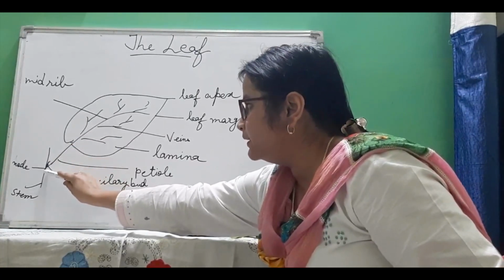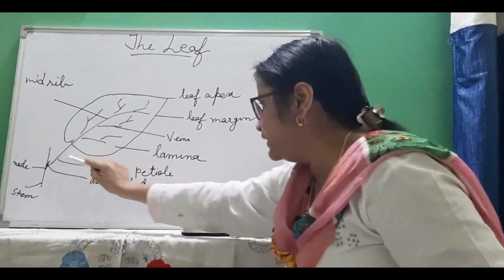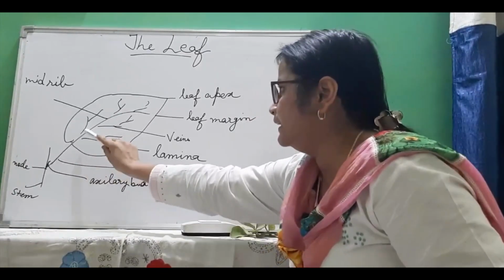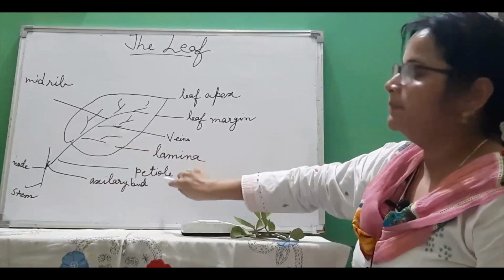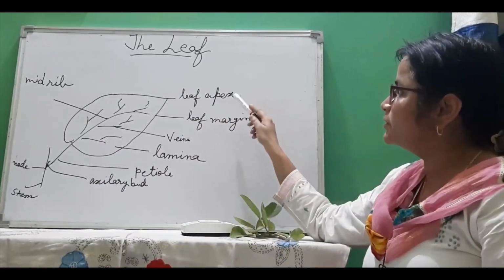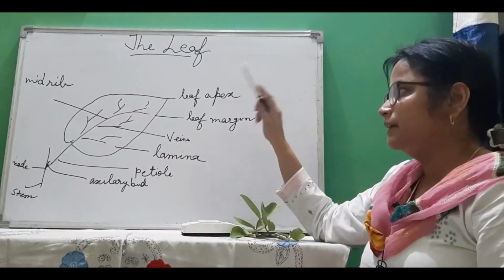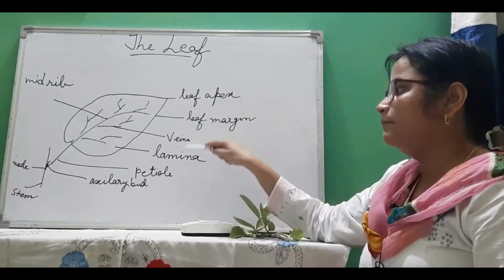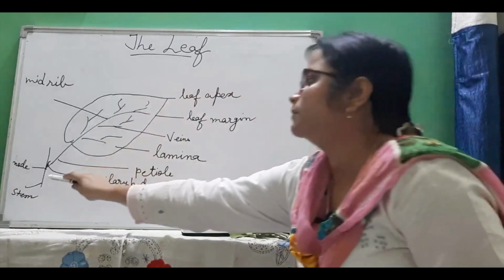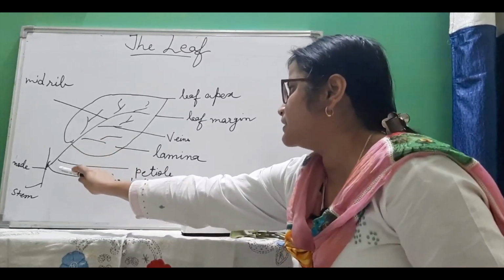The middle portion between the node and the lamina is known as petiole. Now, these are the parts of the leaf which you have studied: the leaf apex, leaf margin, veins, lamina, petiole, and the node by which the leaf is attached to the stem.